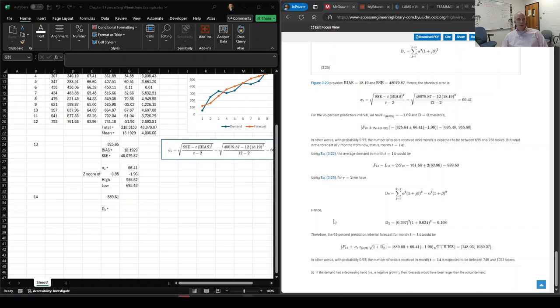Let's see. We're going to look over here to the book and do that calculation. So the D2 is the 0.397. Okay, so where is the 0.397?